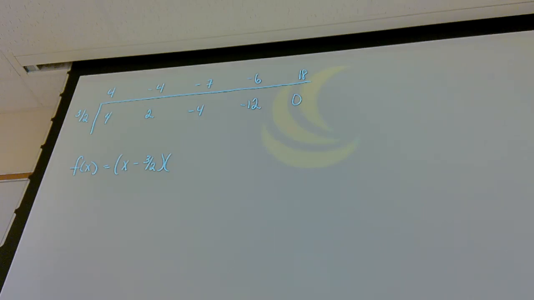X minus 3 halves is a factor. What are you left with? There's F1. Repeat the process, because that's cubic.